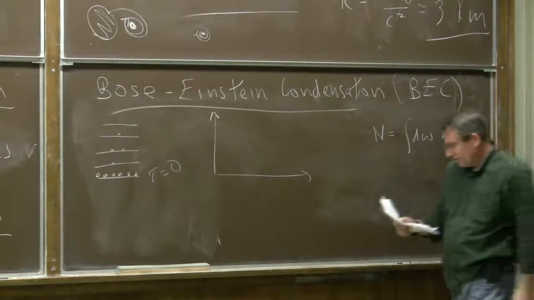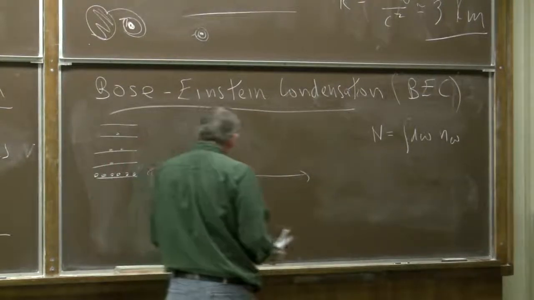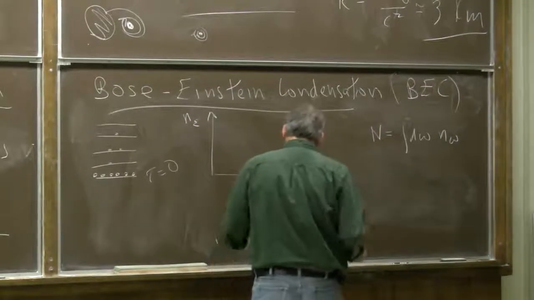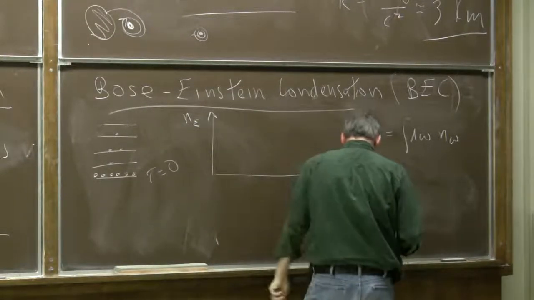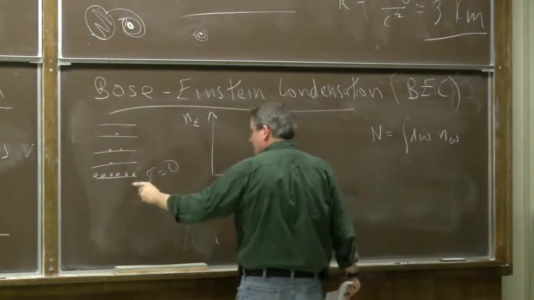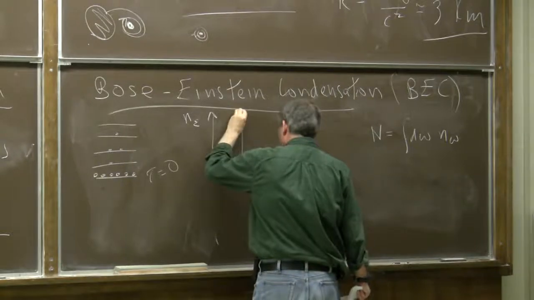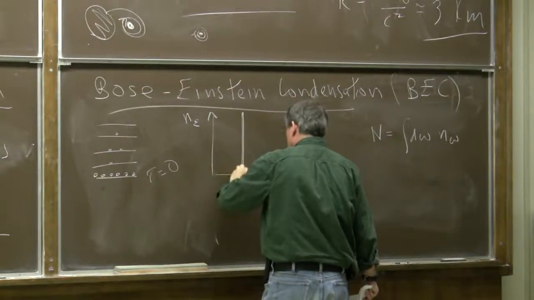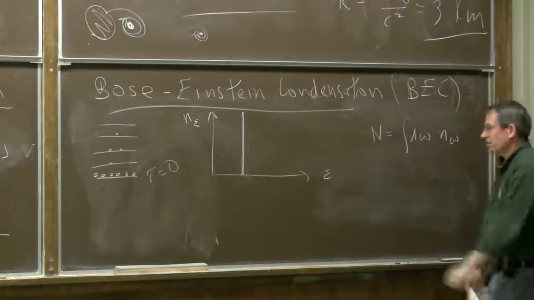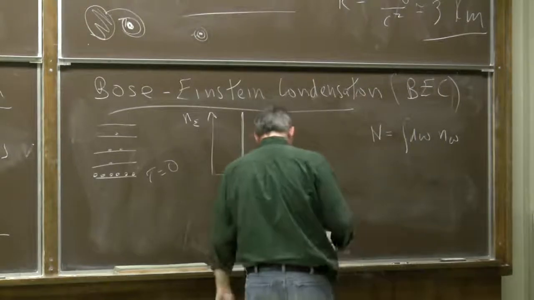And similarly, for the Bose gas, I can consider the number of particles per unit of energy as a function of energy. And then if we're in a Bose-Einstein condensate where a finite fraction of all the particles are at strictly zero energy, if I call the energy of the lowest orbital 0, there will be a big spike there.